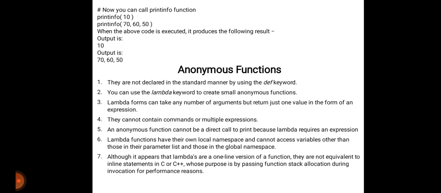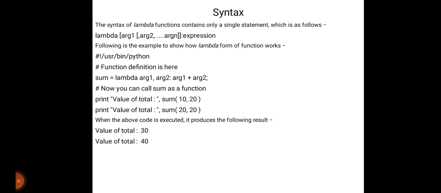Although it appears that lambdas are one-line versions of a function, they are not equivalent to inline statements in C or C++, whose purpose is to bypass function stack allocation during invocation for performance reasons. So this is the anonymous function, and the syntax is here.